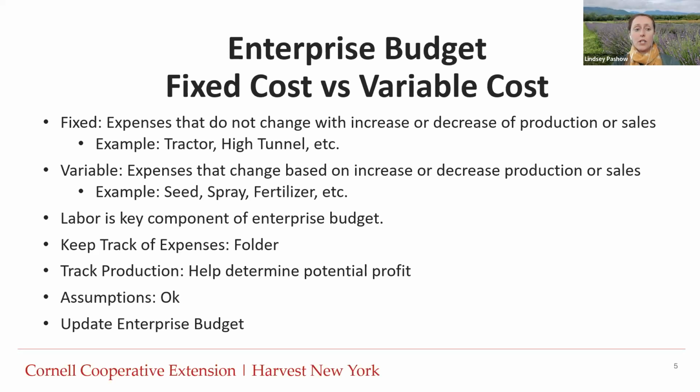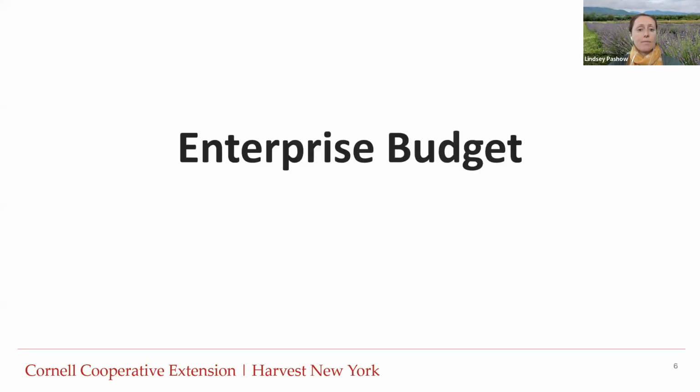And it's also important to update your enterprise budget. Ideally it would be nice to be able to update it every single year. You might not have time, but every couple of years, because as we know, things are going to go up in price. So it's really important to have those actual costs in your enterprise budget.